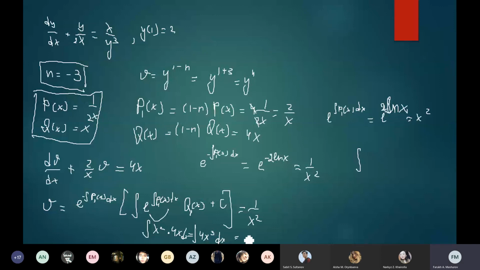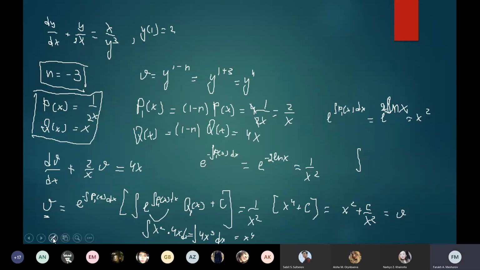Here will be just x to the power 4. Am I right? Because here we just add 1 and divide by 4. Okay, so x to the power 4 plus c. So here we have x squared plus c over x squared. Okay, cool, guys. This one is our v.